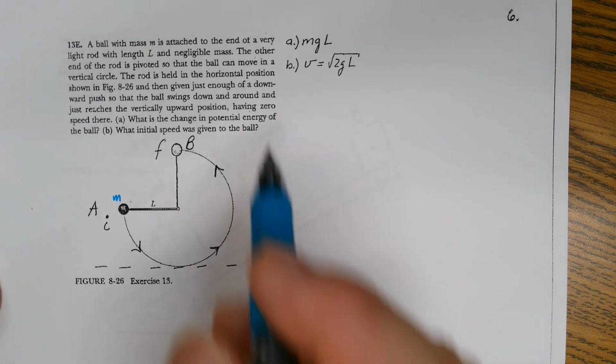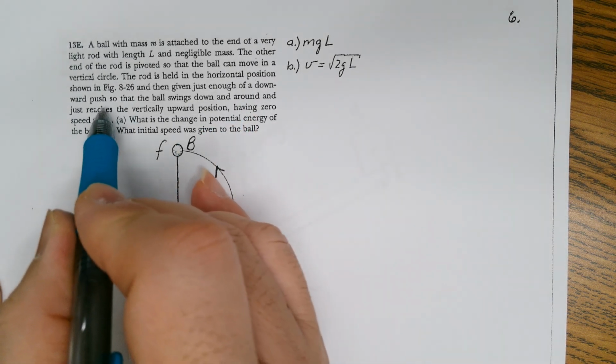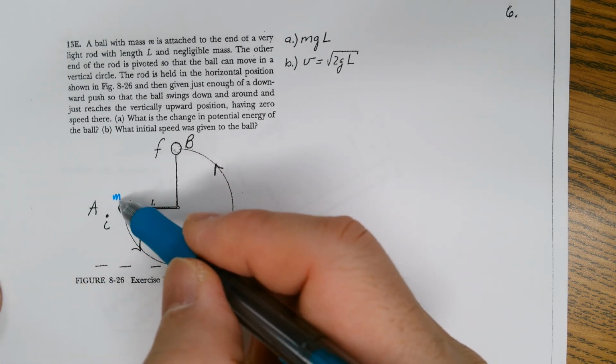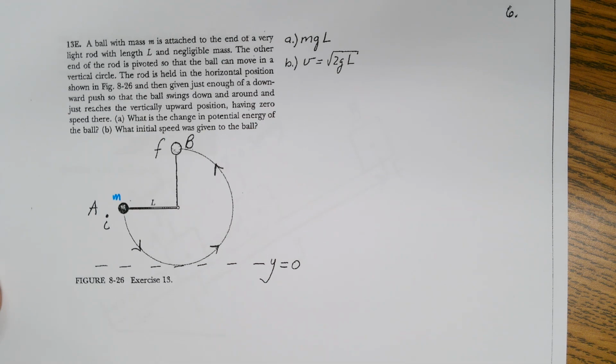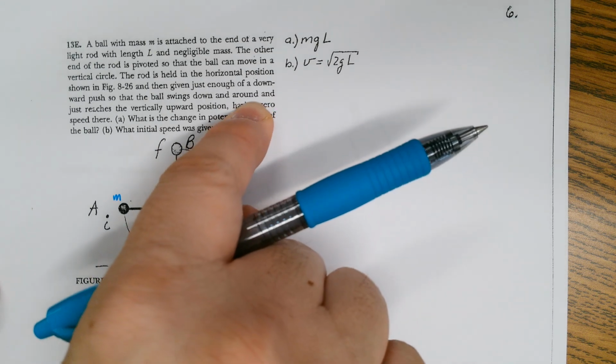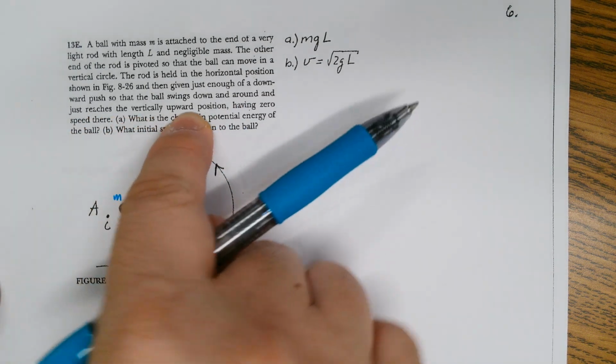And then it's given just enough downward push, so it actually is given a little shove, so that the ball swings down and around and just reaches the vertical upward position.